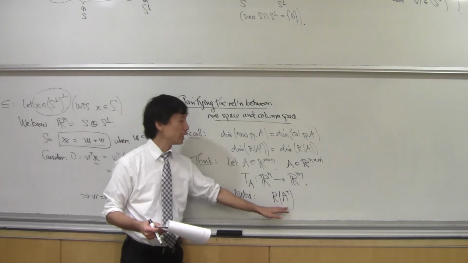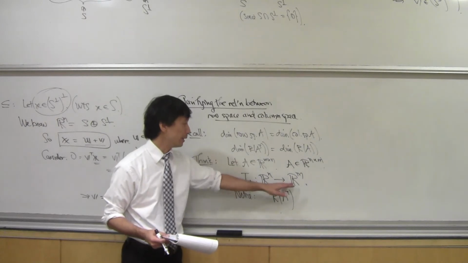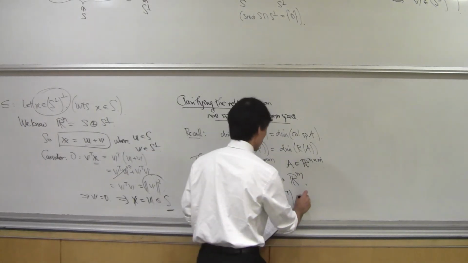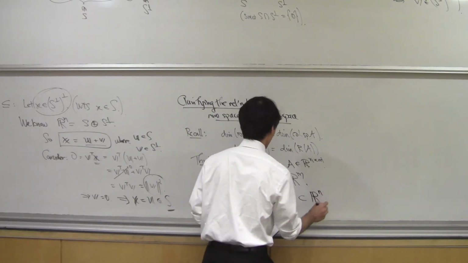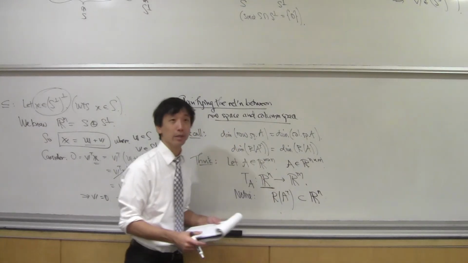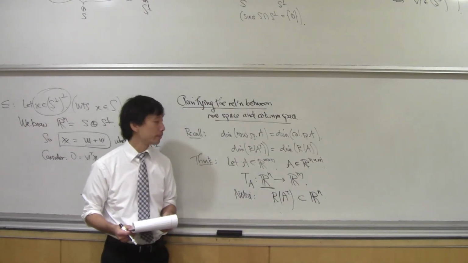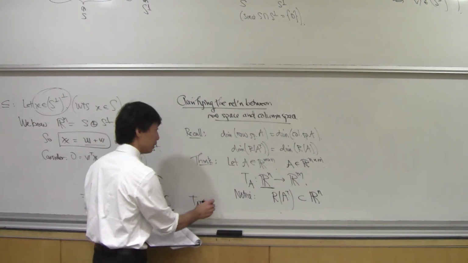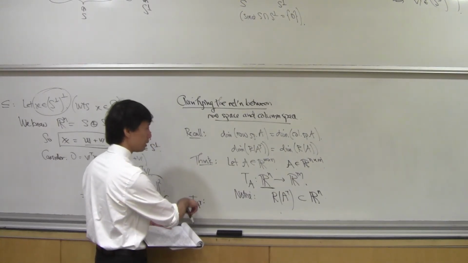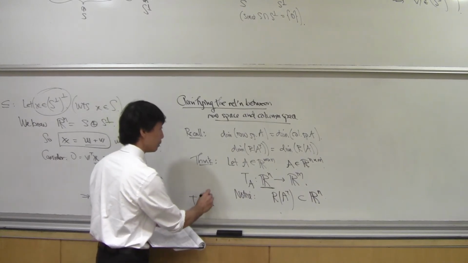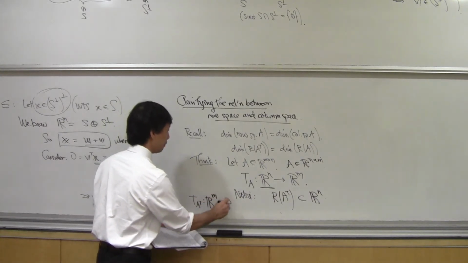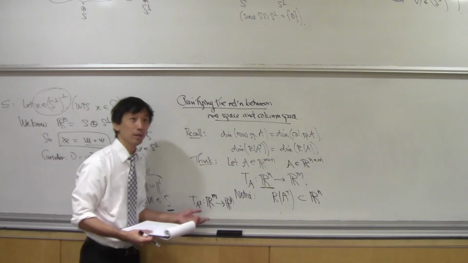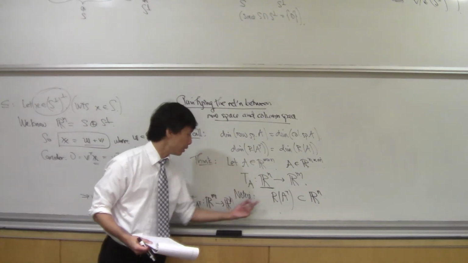It's in Rn, right? Just as you so quickly said a second ago, if you're looking at the range of T transpose, this is going to go from Rm to Rn. So the range of A transpose is going to be in Rn.